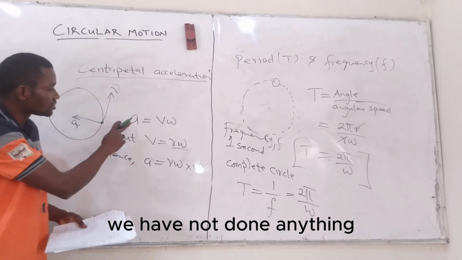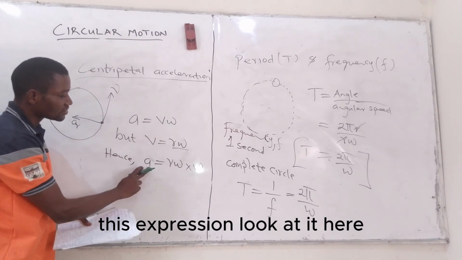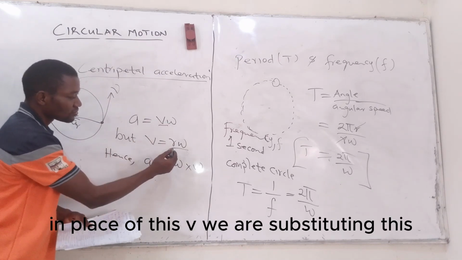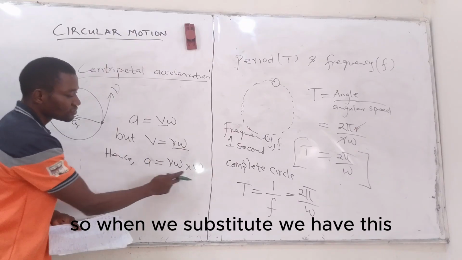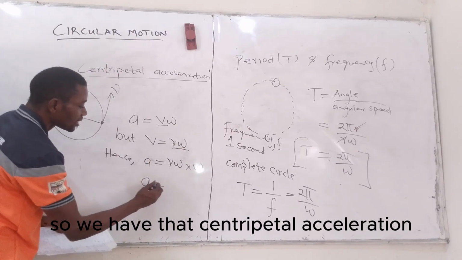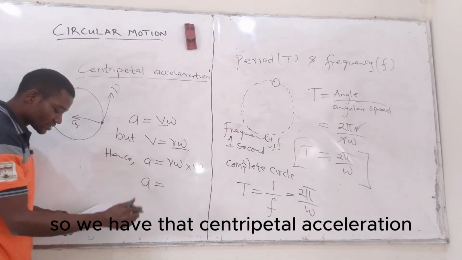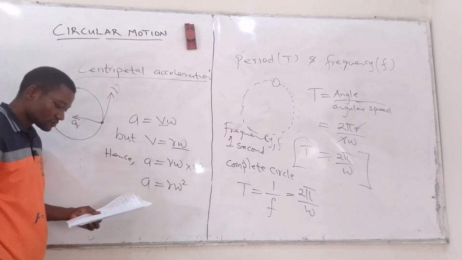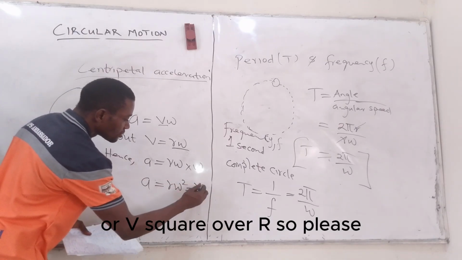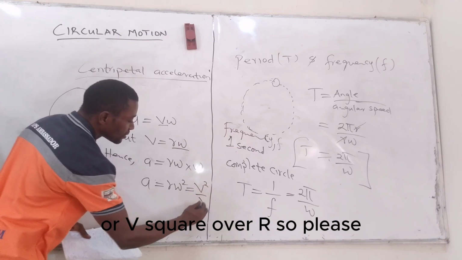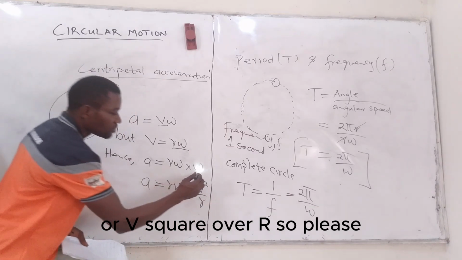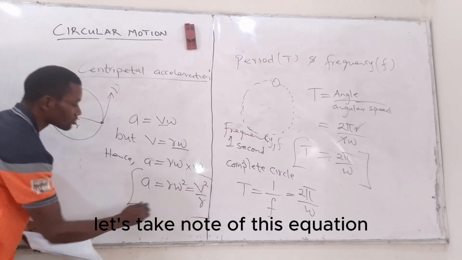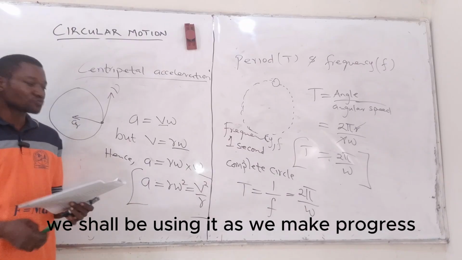We have not done anything here; in place of this v, we are substituting r omega. So we have that centripetal acceleration is equal to r omega square, or v square over r. So please, let's take note of this equation. We shall be using it as we make progress.